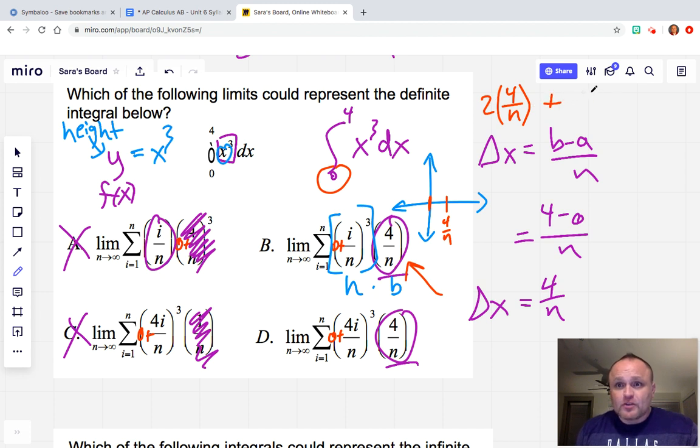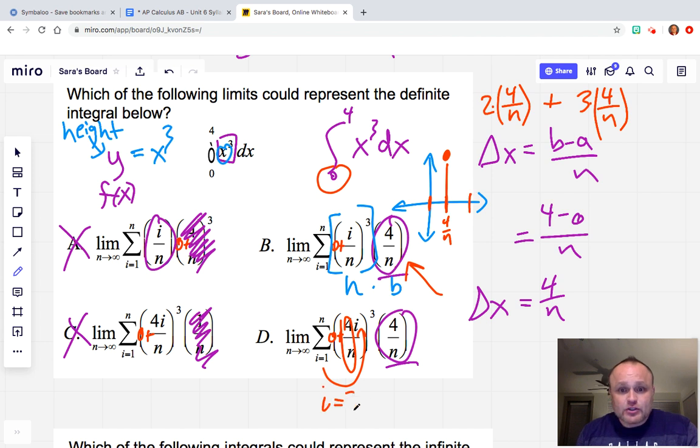The third one would be 3 of these jumps. So these aren't like mixed fractions. You're multiplying 2 times 4 over n, 3 times 4 over n. These will show you each jump, what would the y value be, okay? So right here is saying that if I put i as 1, then that means it jumped 4 over n over, and then we cube it to see what would that y value be.